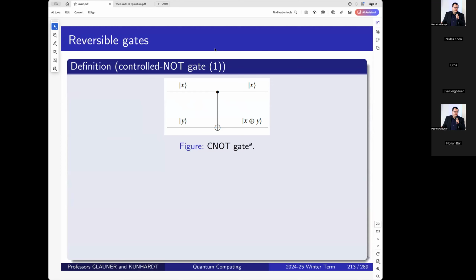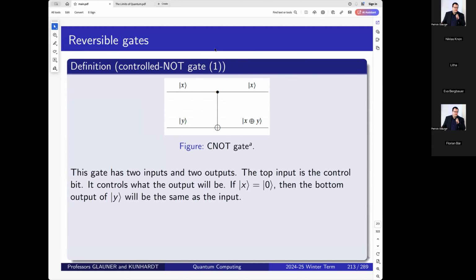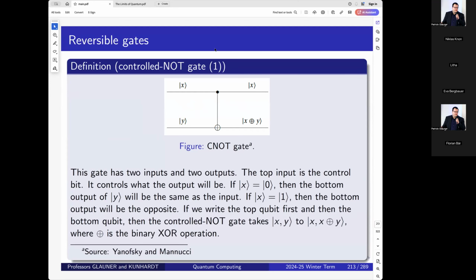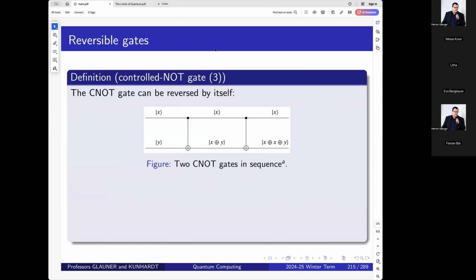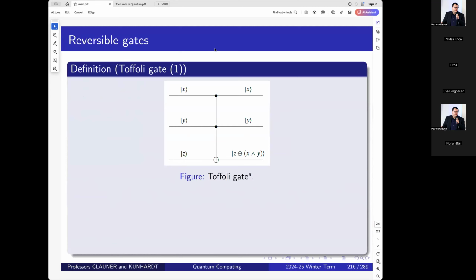And then we introduced a couple of reversible gates, like the CNOT gate, the controlled NOT gate. We looked at its matrix, and we saw the matrix, by the way, is also unitary. And we also saw that the CNOT gate can undo itself, so it's reversible.